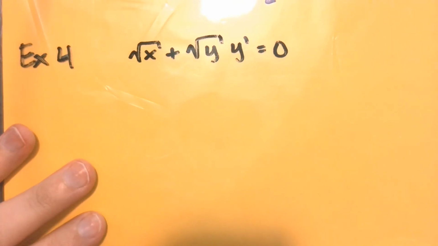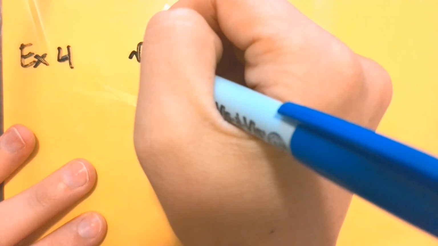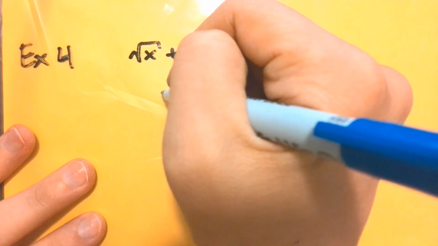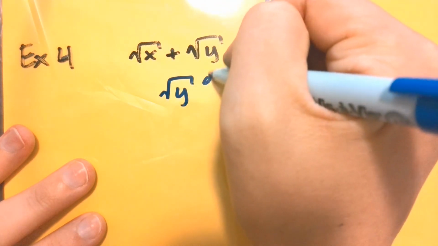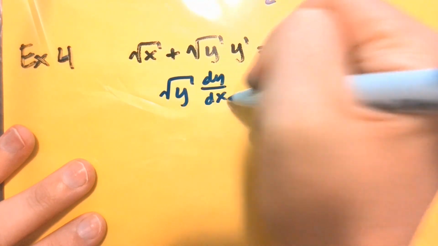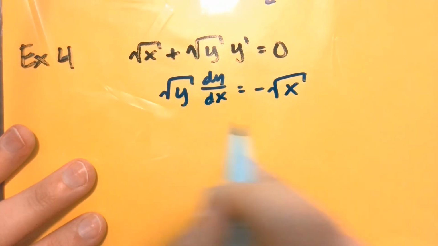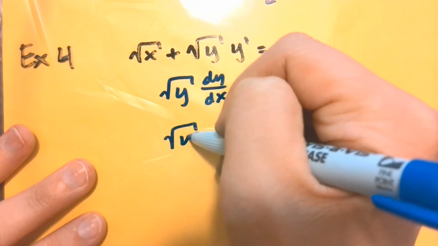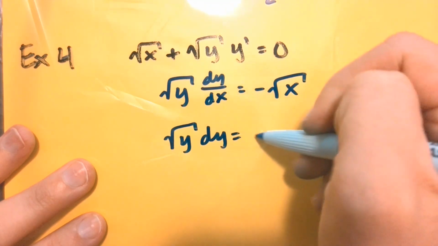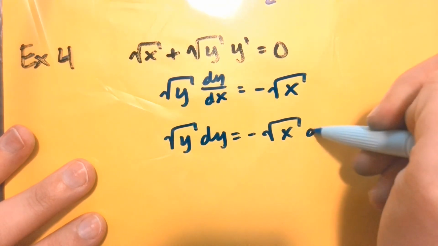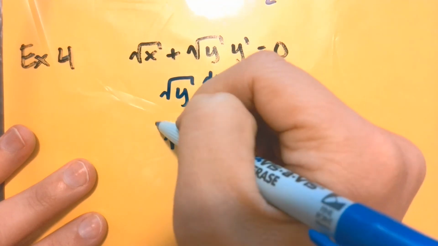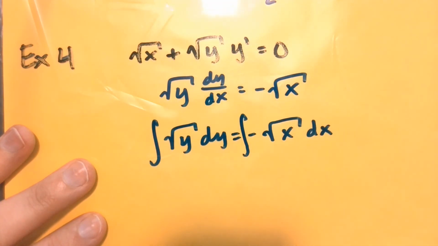So for example 4, again, separating my variables, so I want to subtract the x to the other side. Rewrite my y prime as dy dx. So then I'm moving my dx to the other side, so that now I can integrate.